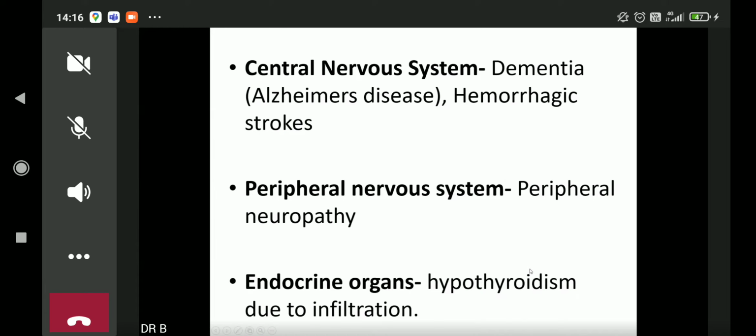What happens in the central nervous system? We have discussed that Alzheimer's disease can happen, dementia can happen, or hemorrhagic strokes. In the peripheral system, peripheral neuropathies can occur. In the endocrine system, you can get hypothyroidism due to infiltration.